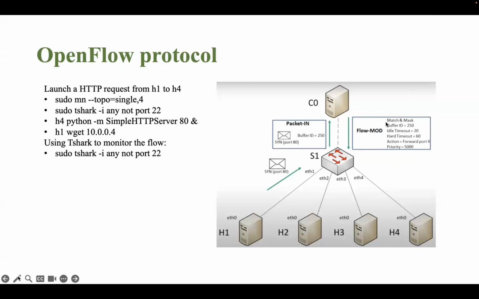The first thing is the match and the mask, which means the controller will tell the switch that if any future packets come from the MAC and IP address of H1 to the IP and MAC address of H4, if any future packets match these MAC and IP source and destination addresses, the switch will do this action: forward to port 4. If any future packets match this IP address or MAC address, the switch will do this action.